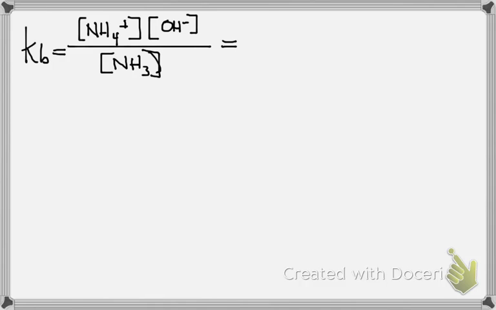So we've already said that the NH4 will be X, the OH minus will be X, and the NH3 is going to stay at 3.5 because we get rid of that minus X that's on it. I think I said 0.3 before, and it's 3.5 is our concentration of NH3 since the X didn't change it.